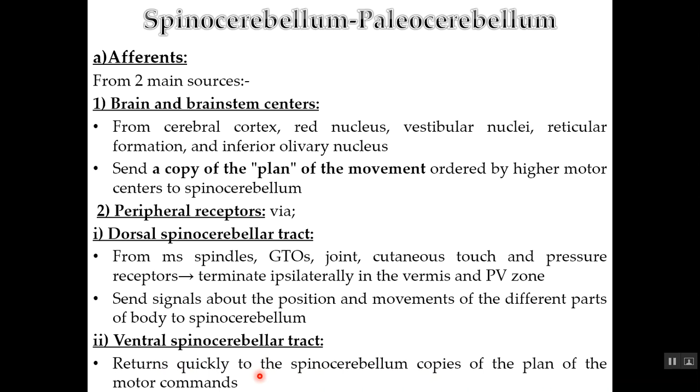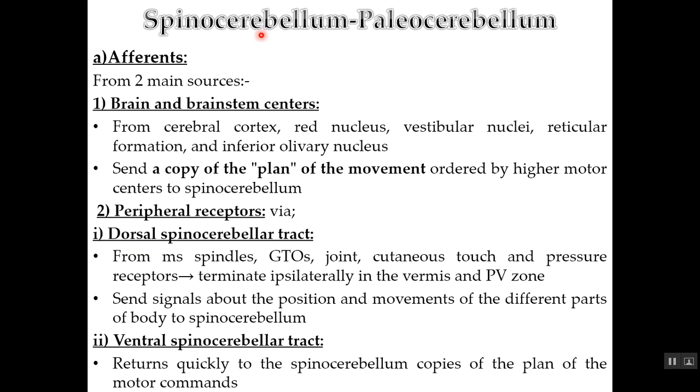So the spinocerebellum will receive a copy of the plan of the movement from two sides: number 1, the brain and the brainstem centers, and number 2, the ventral spinocerebellar tract. And also it receives information about the actual performance, which is the sense of movement during the performance of the movement, via what's called the dorsal spinocerebellar tract.